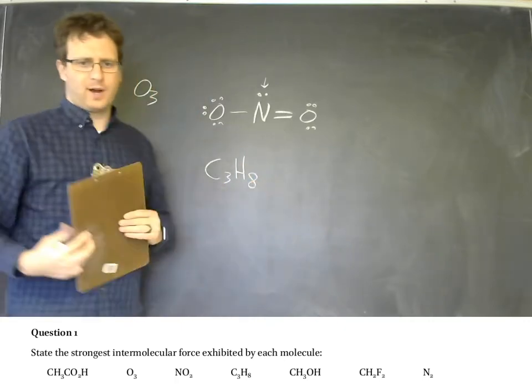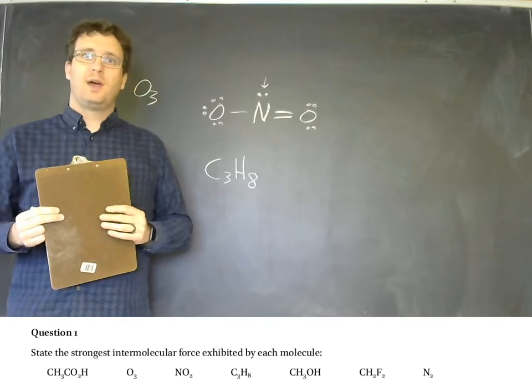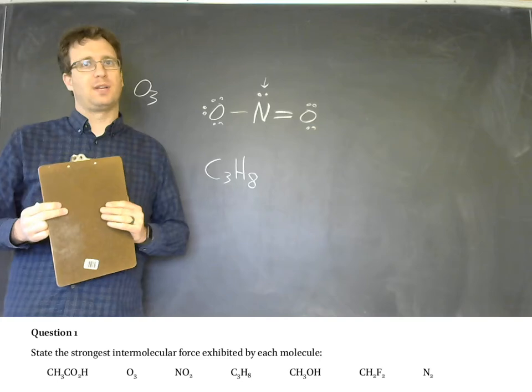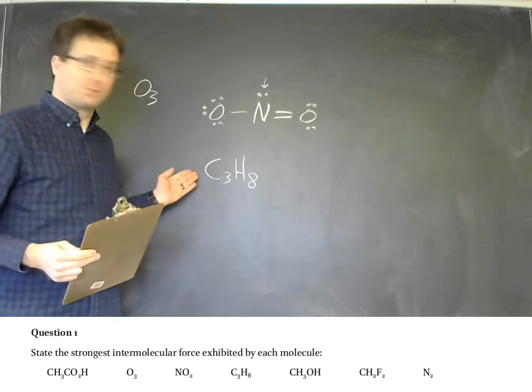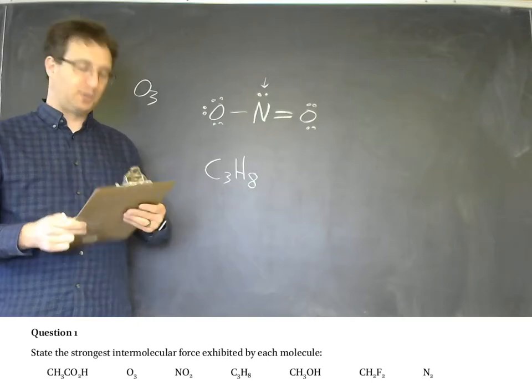Now, however I draw this out, there will be no polar bonds, and there will be no opportunities for hydrogen bonding. And so this is propane, and it also exhibits only London dispersion forces.